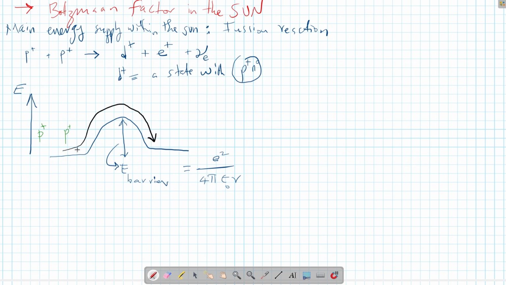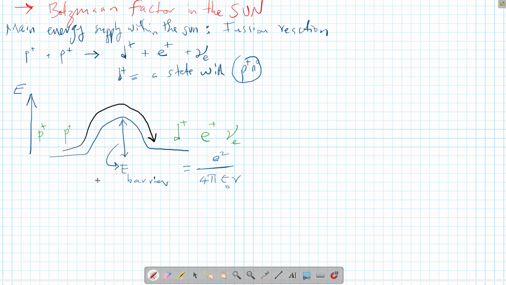It is pictorially like a classical climbing of a hill. You need to do some work before you are able to reach the other side of the hill. On the other side, we can consider that the reaction would have happened, and we have a deuterium plus a positron and a neutrino.